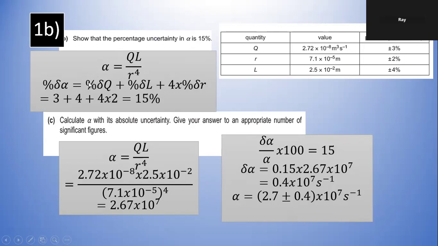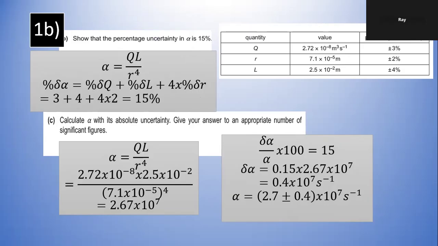This is my short form. They are not worried about the short form. They are only worried about this value here. The 4 is because of the power 4. This is my short form, I'm lazy to write percentage uncertainty in Q, percentage uncertainty in L, percentage uncertainty in R. Okay, any comment? Never mind. All right.